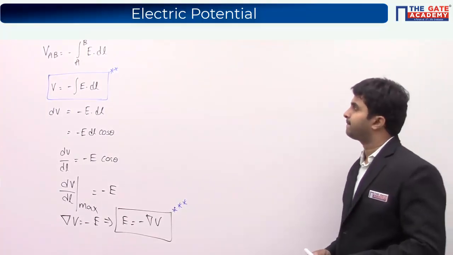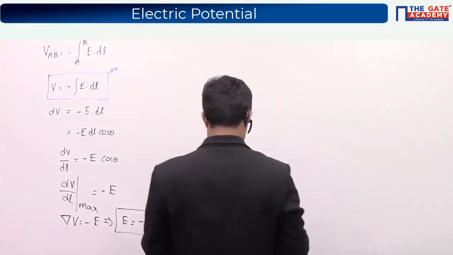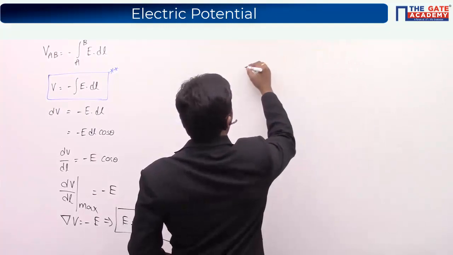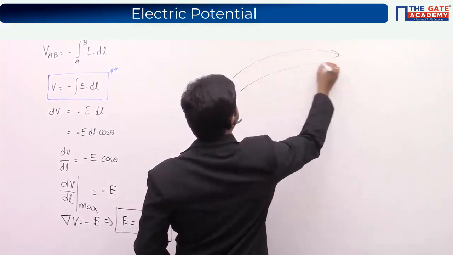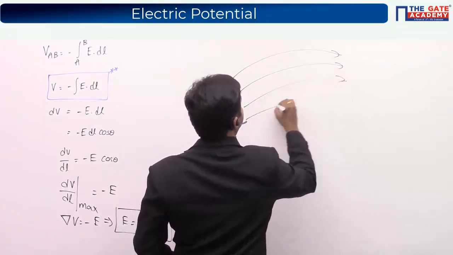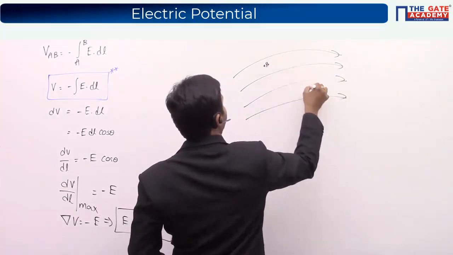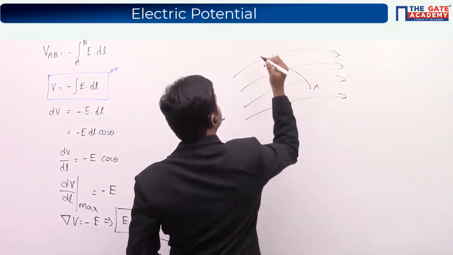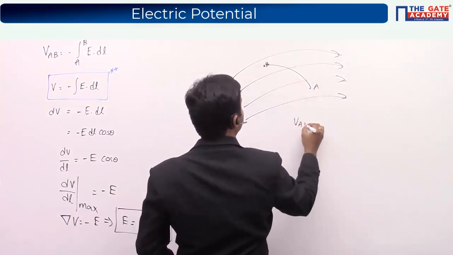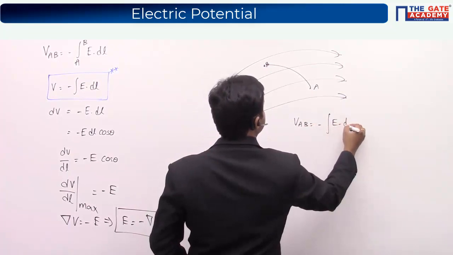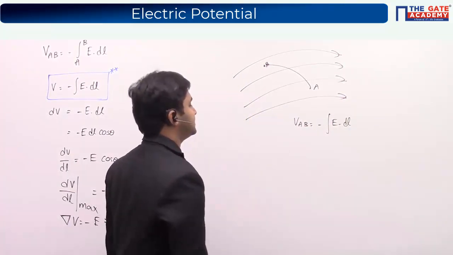Right, so now we have seen that the electric field is present and you're moving from point A to point B. So we have written VAB is going to be equal to minus integral of E dot dl, from A to B.